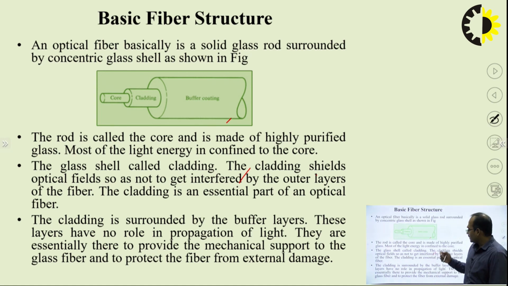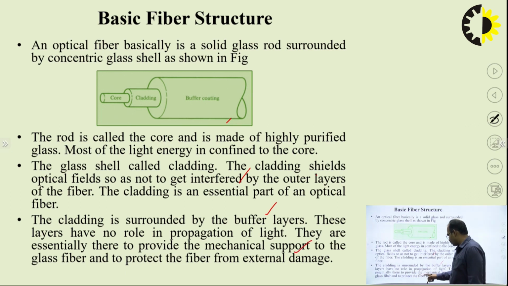The cladding is surrounded by the buffer layers. These layers have no role in propagation of light. They are used for protection of the core and cladding, to provide mechanical support to the glass fiber and to protect it from external damage. So this buffer is used only for the protection of the optical fiber.